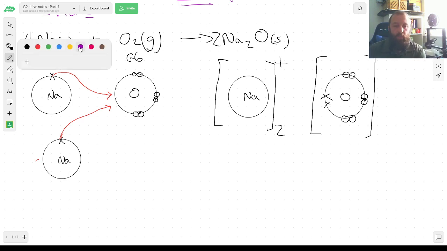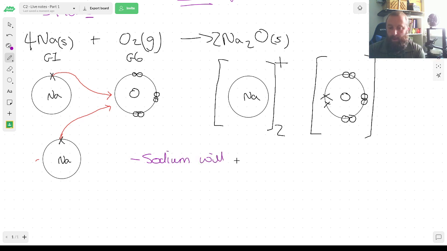And if we want to write this as words, then sodium will lose, in fact no, I'm going to change that, I'm going to put 2 sodiums. Two sodiums, and don't be afraid to annotate and change your work in the exams.